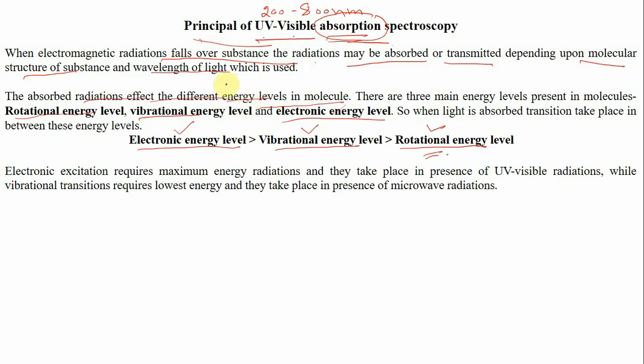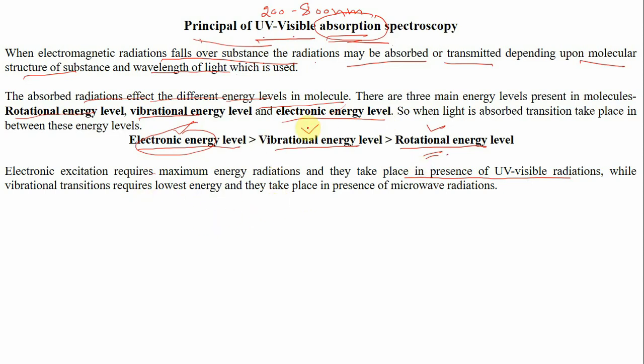Since UV visible radiations have high energy, they usually affect the electronic energy level. So electronic transitions take place in the presence of UV visible radiation. When UV visible radiation falls over a molecule, these electronic energy levels change. The electron from the lower electronic energy level goes to the higher electronic energy level.